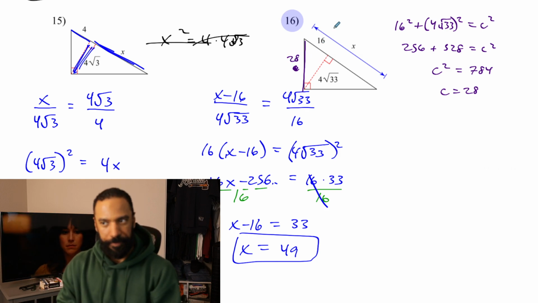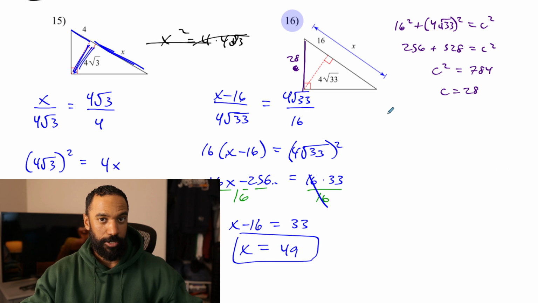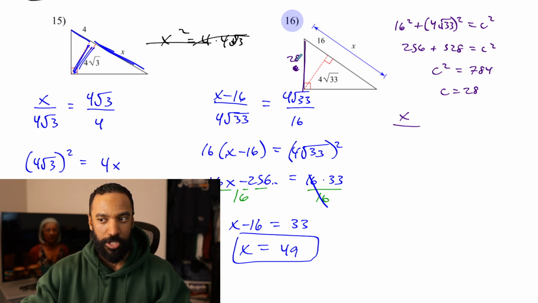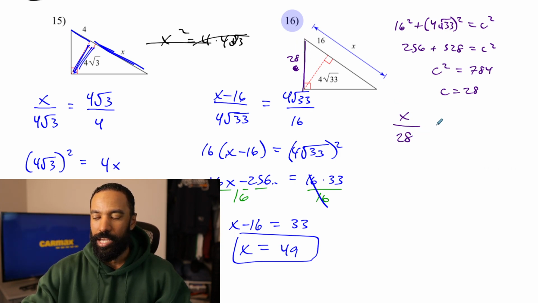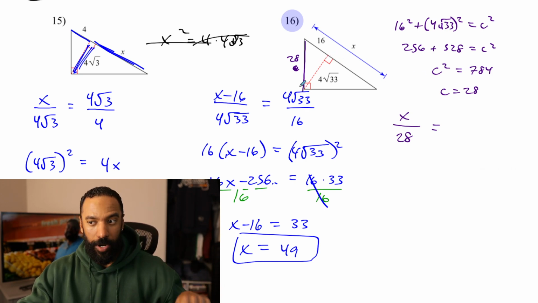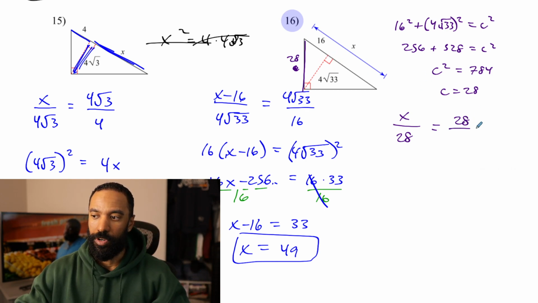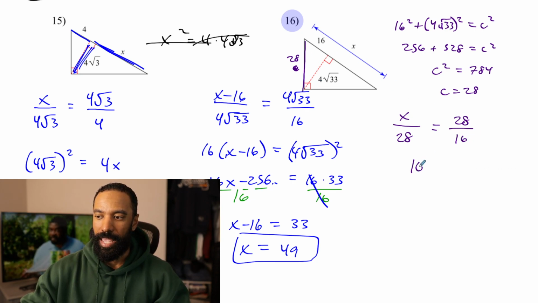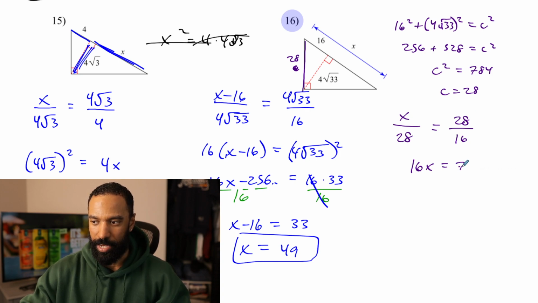Now, why does that help me? Now I can use just x, not x minus 16, because x is the hypotenuse of the big triangle. I can say the hypotenuse of the big over the hypotenuse of the small, 28, equals, now I have to go big to small, the short leg of the big, 28, over the short leg of the small, 16. And I get 16x equals 784.